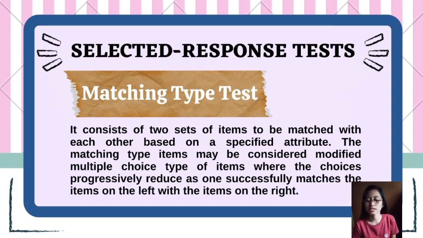It is considered a modified multiple choice type of item where the choices progressively reduce as one successfully matches the items on the left with the items on the right, or in set A to set B.